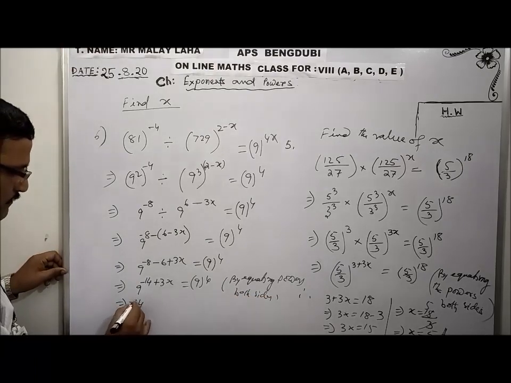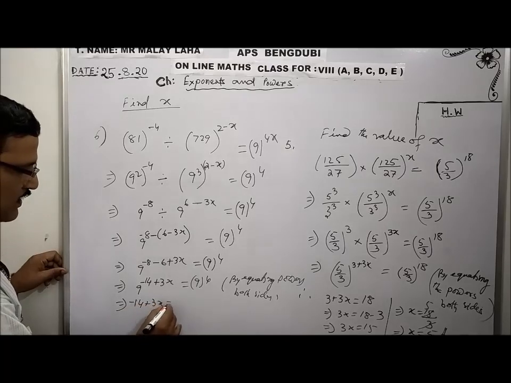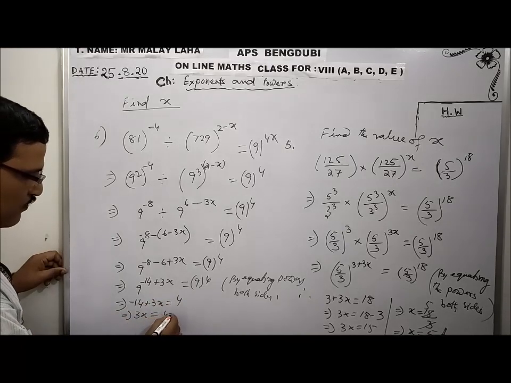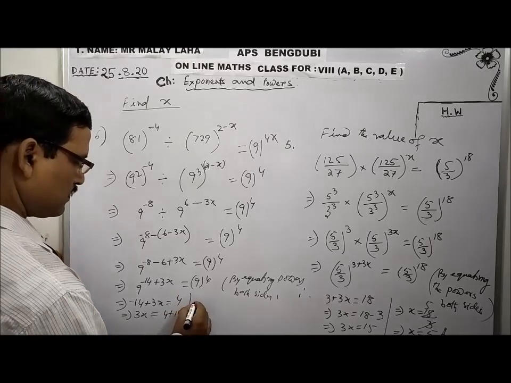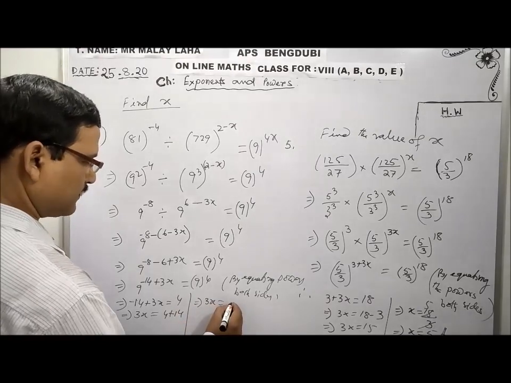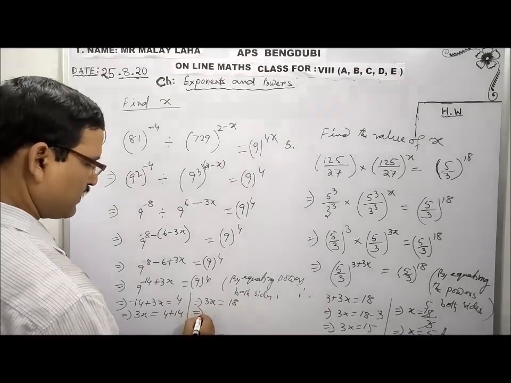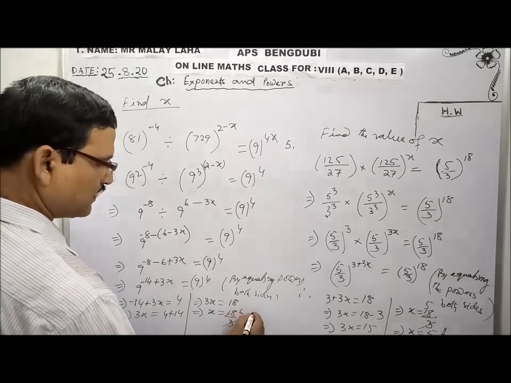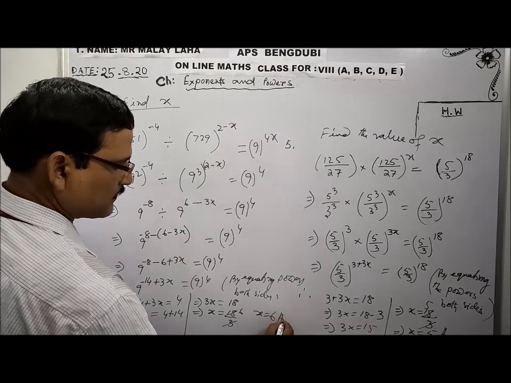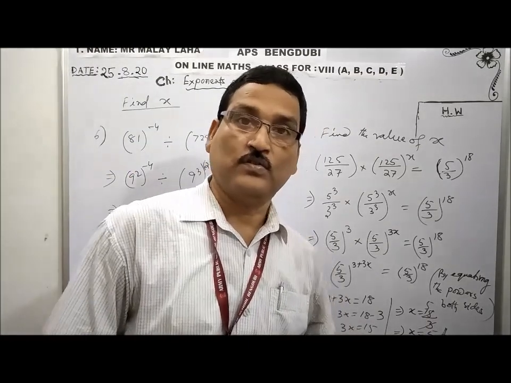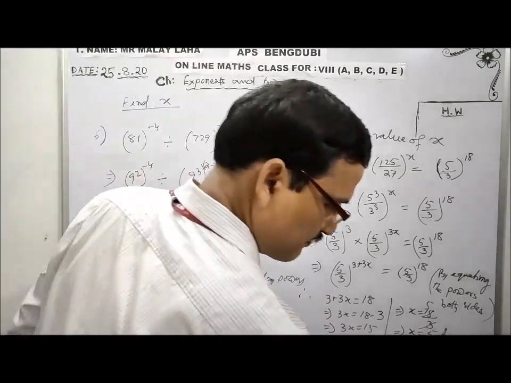Minus 14 plus 3x equals to 4, or 3x equals to 4 plus 14, or 3x equals to 18, or x equals to 18 by 3, cut 6, x equals to 6. Answer. Very interesting question, a very important question also. Okay, so needs patience and practice.